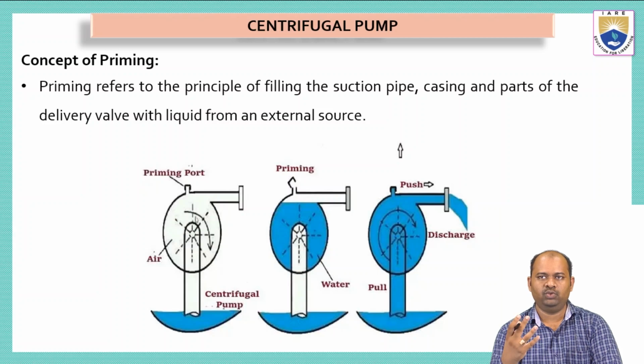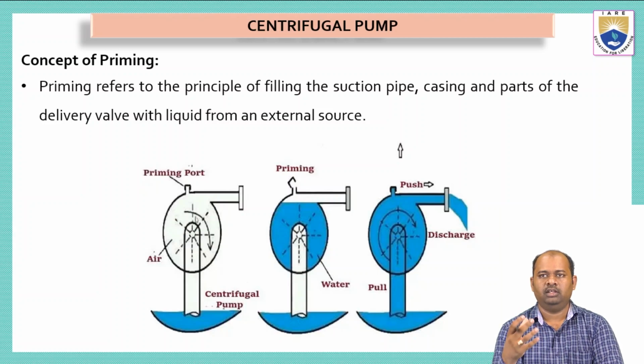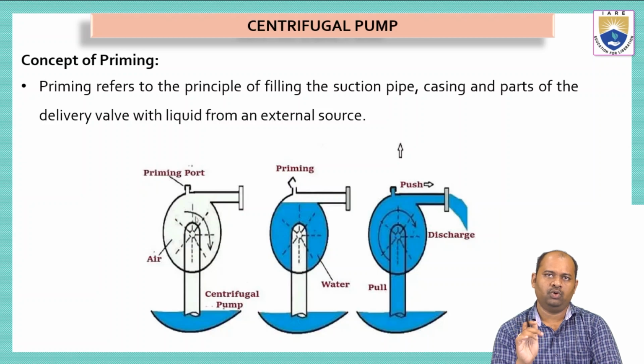This suction can be used to suck the water from the sump so that the water can be lifted up. So priming is the phenomenon of filling the casing and impeller with water, and sometimes the suction pipe is also filled with water, in order to create a suction inside the centrifugal pump. Priming is only seen in centrifugal pumps. It is not related to reciprocating pumps.